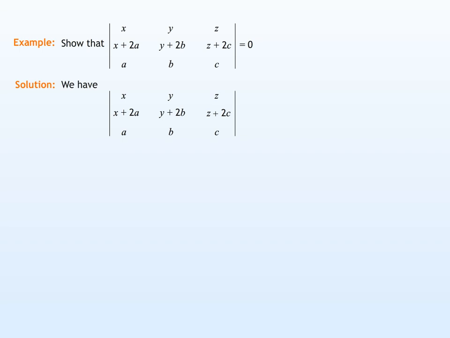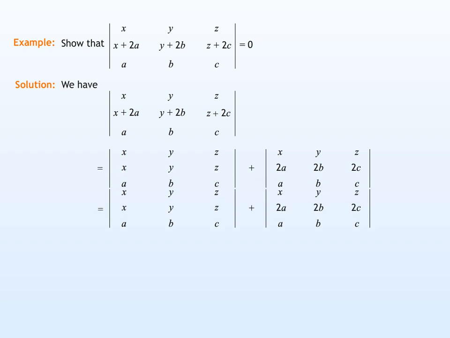This can be written as the sum of determinants, first with row 1, x, y, z, row 2, x, y, z, row 3, a, b, c, plus a second determinant with row 1, x, y, z, row 2, 2a, 2b, 2c, and row 3, a, b, c.